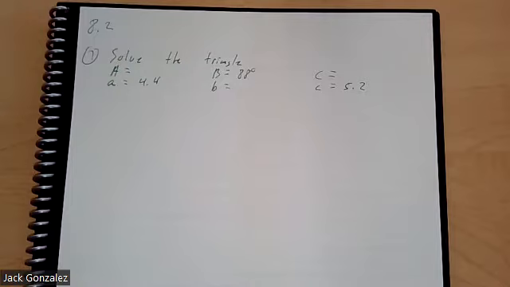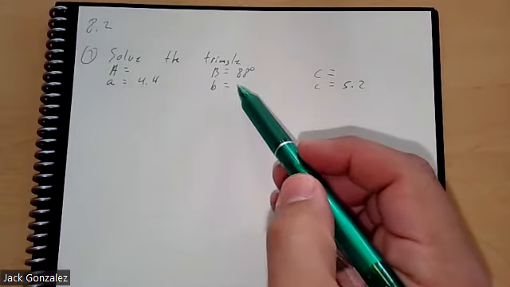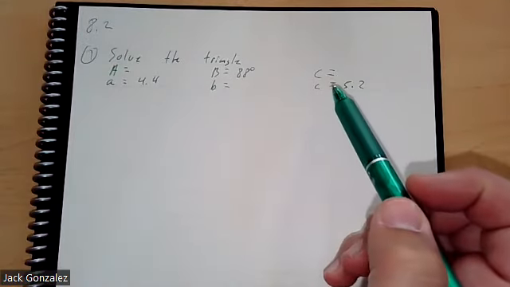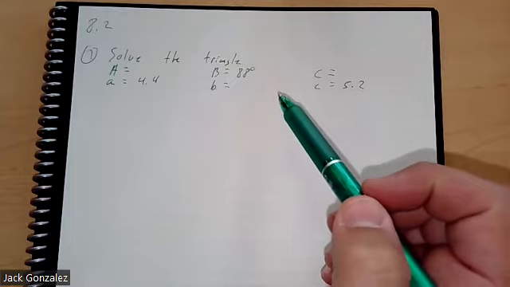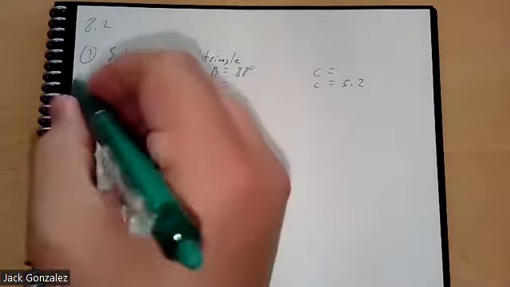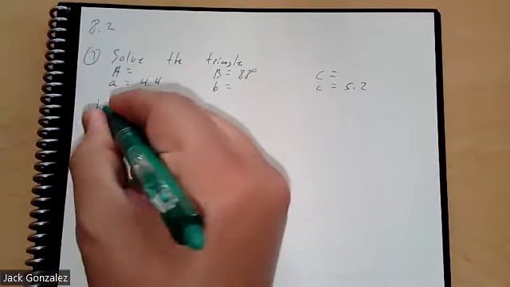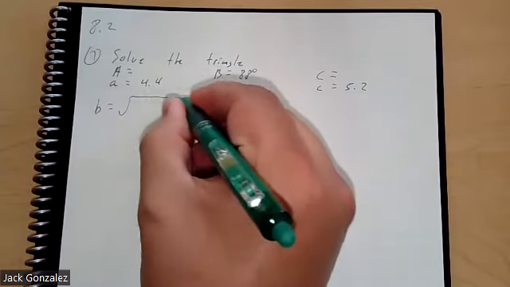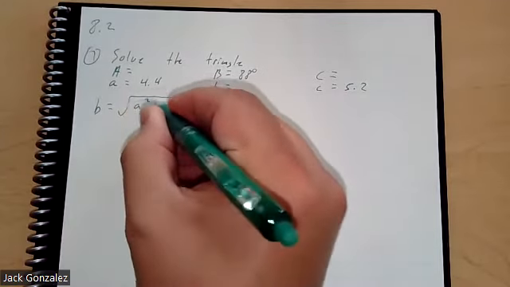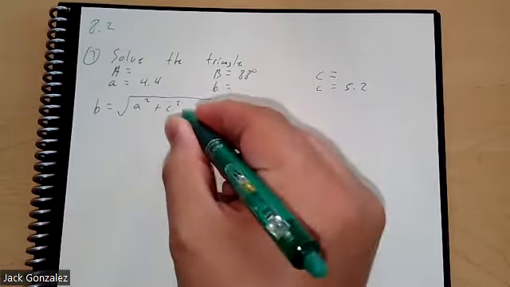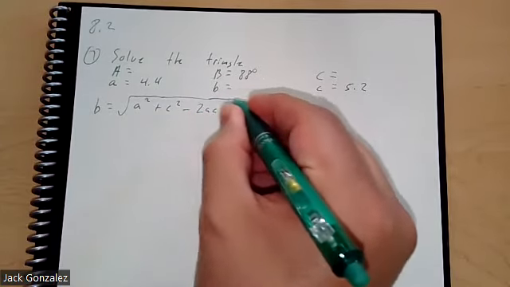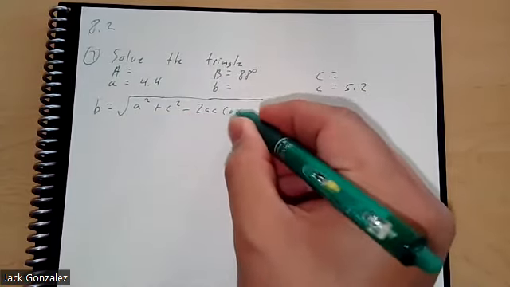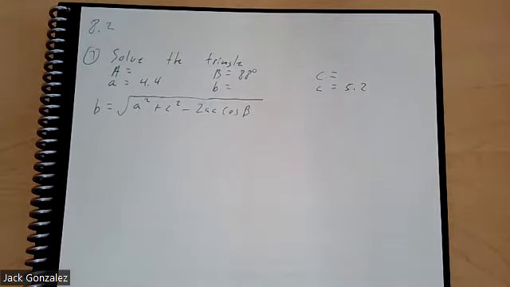Okay. All right, well, find little b, because you need all three sides to find the angles, right? So use the b formula right here.